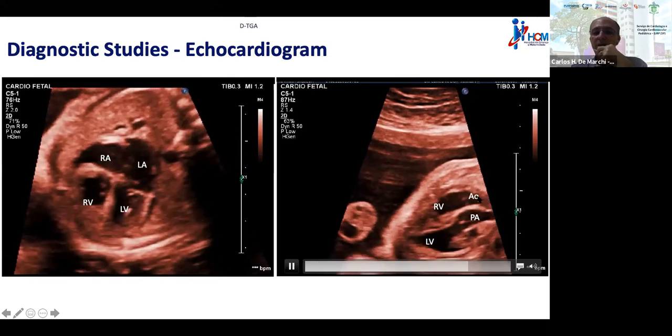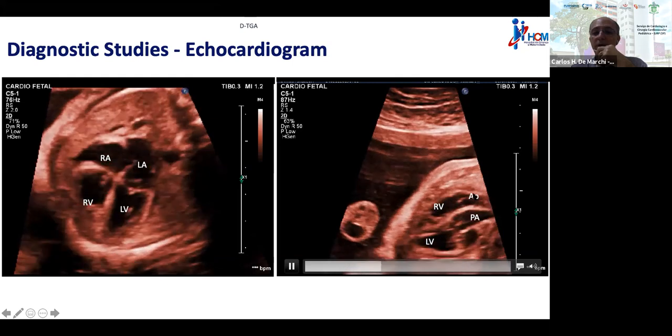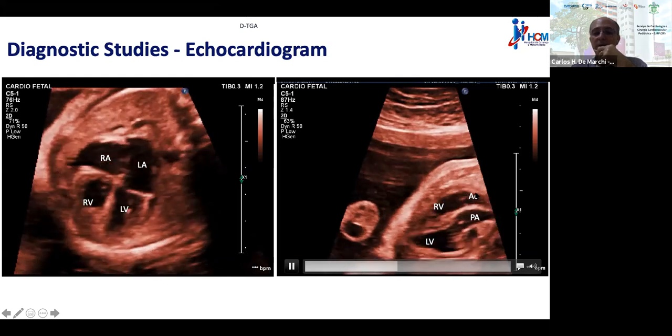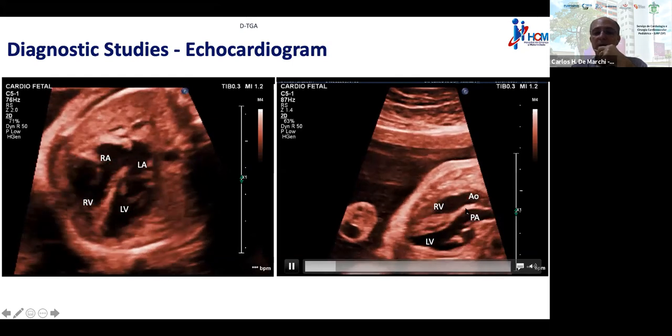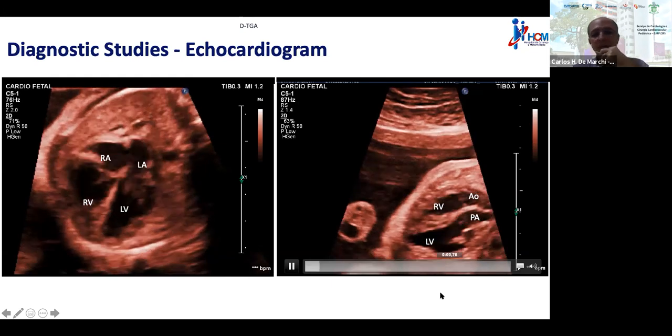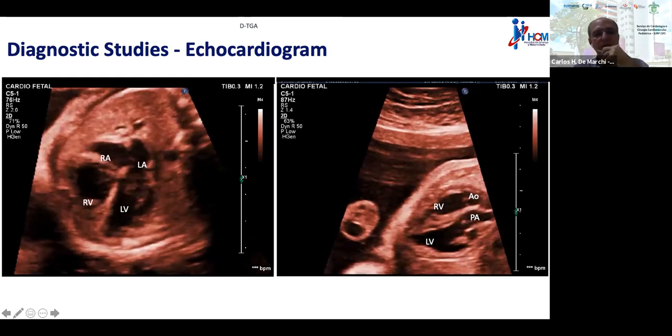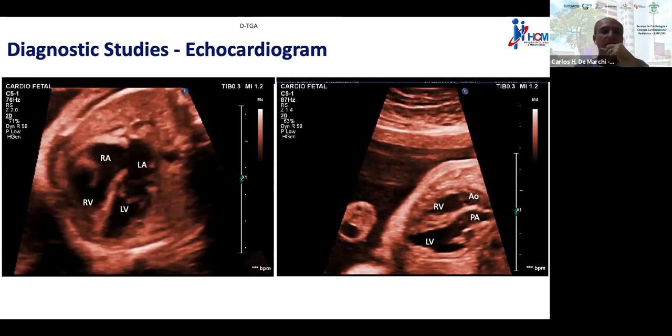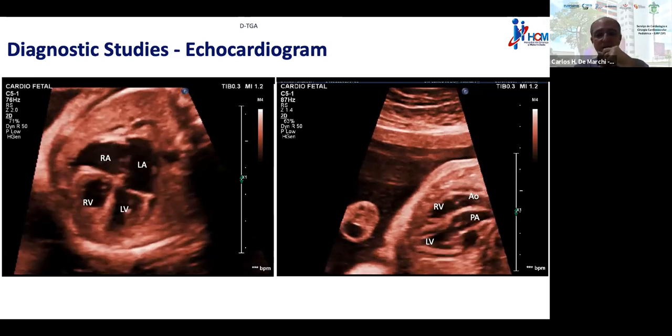In these situations, you see both arteries in parallel positions. In a normal outflow tract, they are crossing each other, and there is no parallel course like this. And just these two images allow the fetal echocardiographer to diagnose the transposition of the great arteries.